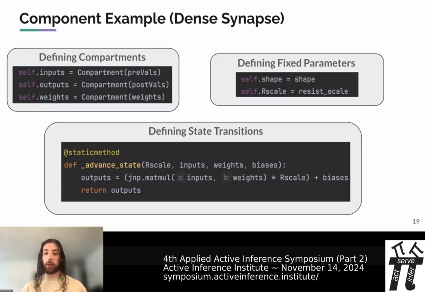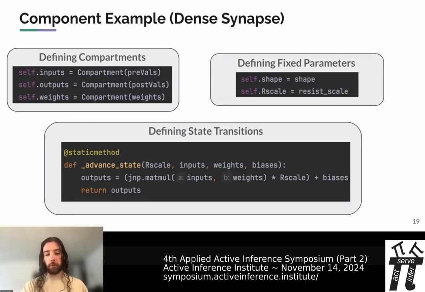But due to the way the compiler works, we still need this to all be a pure method. So how do we combat that? We do effectively pattern matching: as long as your names for the various inputs, so our scale, inputs, weights, biases, whatever, are found inside of the component that this transition is acting on, it will automatically grab those values out of the component when it's doing the transition.